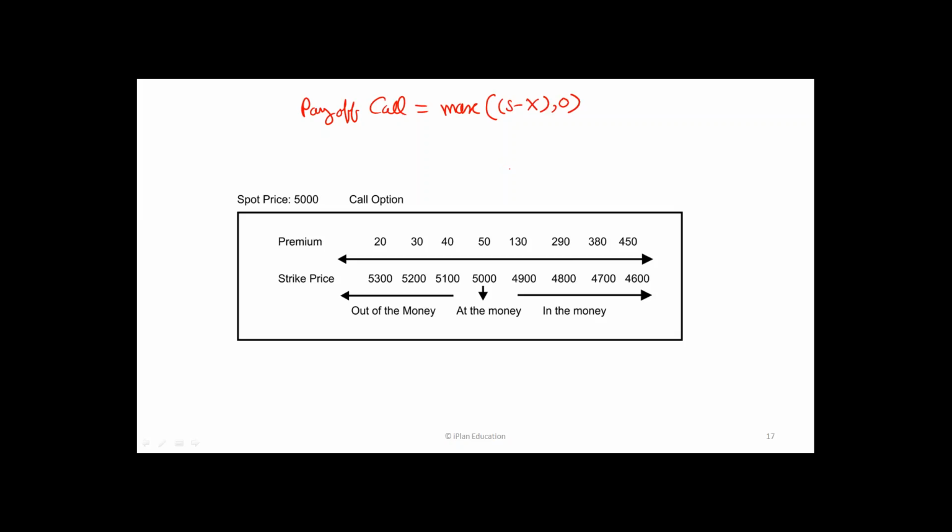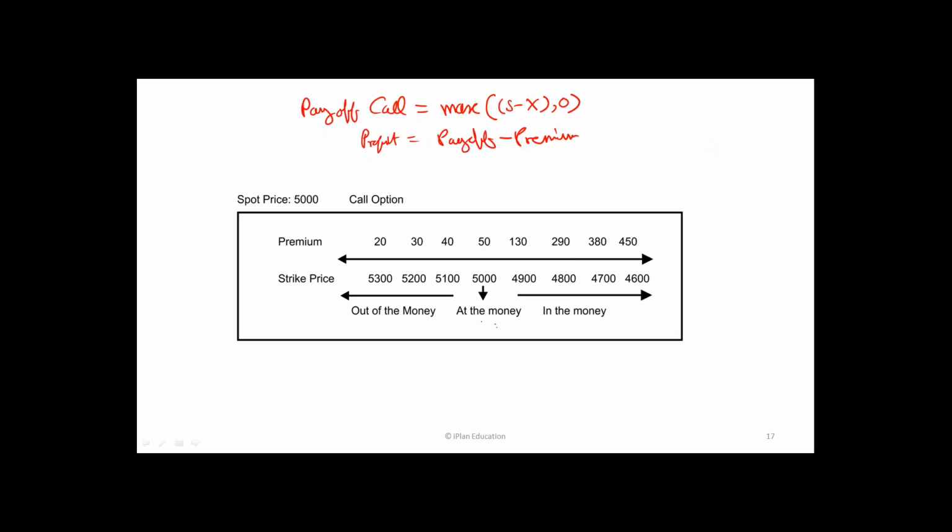Which means your payoff is not the profit. Now if you want to calculate profit, that means payoff minus the premium you paid. So that is your profit. So here let's suppose you bought the 4900 call, and on the date of expiry the spot went to 5100.